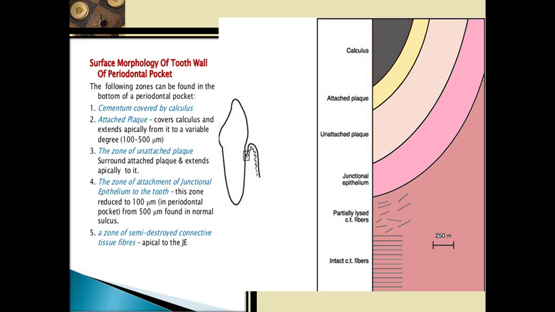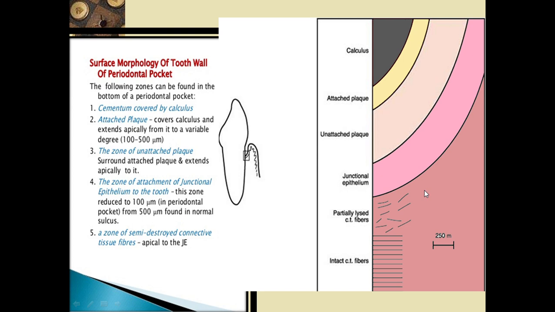Here is another important diagram to understand. So this area is magnified. Here we can see the calculus, attached plaque, and unattached plaque. The unattached plaque contains bacteria which migrate across this epithelium and underlying connective tissue, and because of this inflammation will be there.